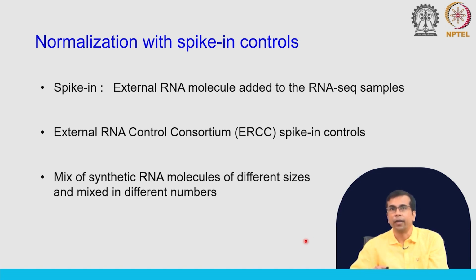This is usually a mix of synthetic RNA molecules of different sizes and lengths, and they are also mixed in different numbers. This is not a single molecule, you have many molecules like that. This lets us see how they come out after you do the RNA sequencing experiment.